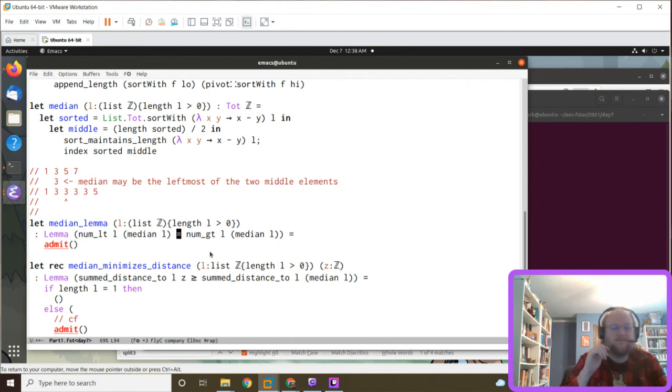But like in the first one that shows, there may be one less that is less than.